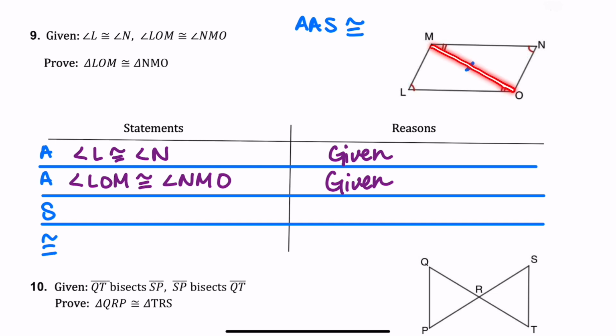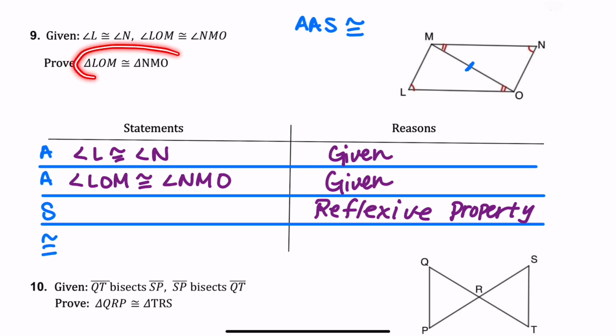It's kind of a mirror image, even though it's twisted around, but they share that side. It's a reflexive line. Now when I label it, I'm going to look at my congruent statement. OM and MO are going to be congruent.